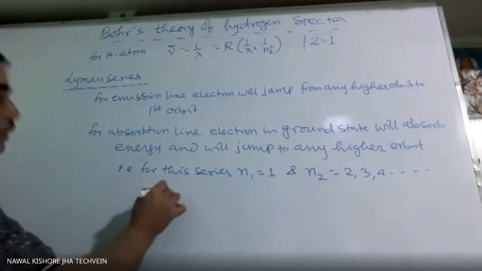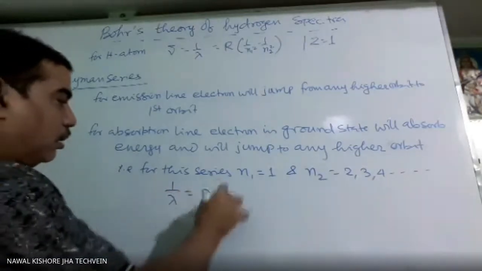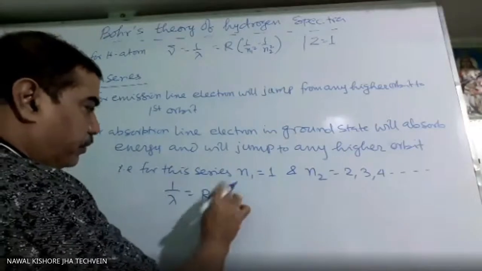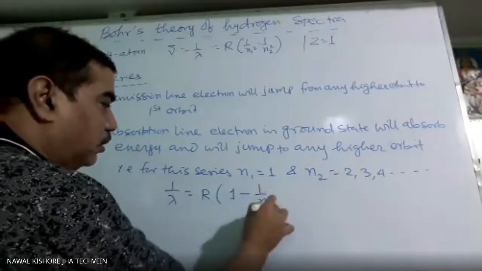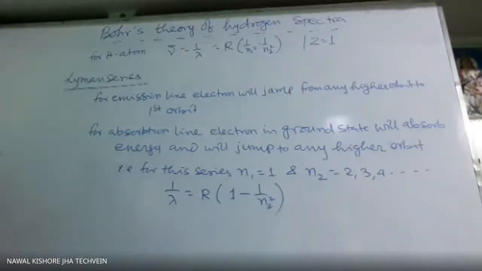So what will be in this case? This 1 by lambda will become R times 1 by 1 square, or simply 1, minus 1 by n2 square, and n2 will be 2, 3, 4 like this.